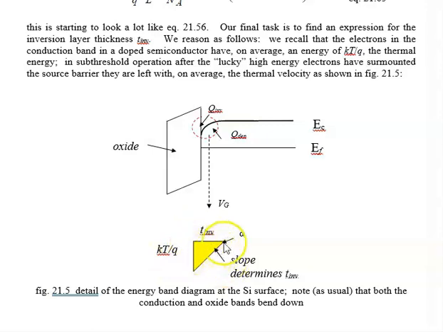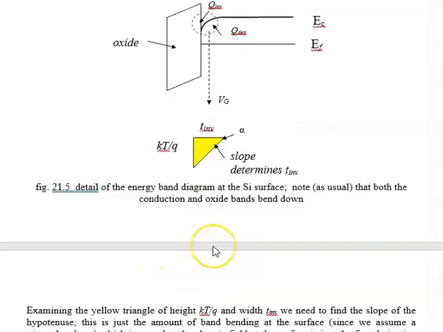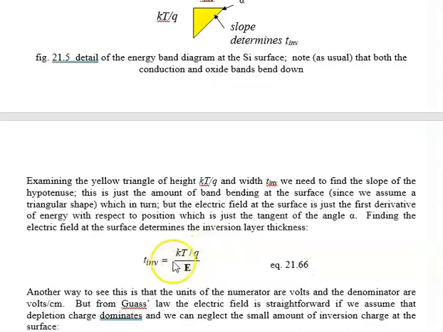So really what we want to do now is find the slope of the angle alpha, which is kT over q divided by T inversion. And that would be the electric field, or another way of looking at it is T inversion equals kT over q divided by the electric field. So if we can find the electric field, we are really in good shape.